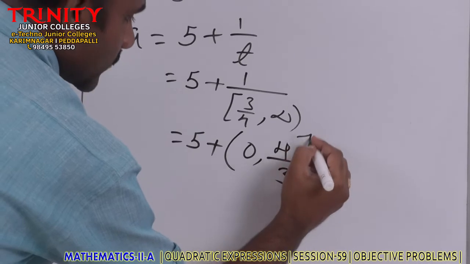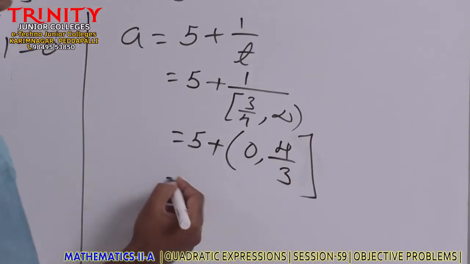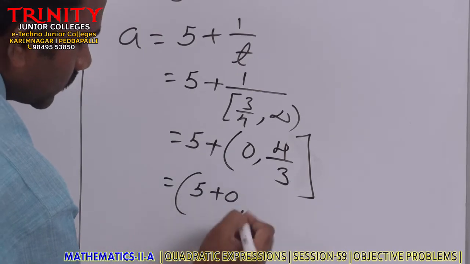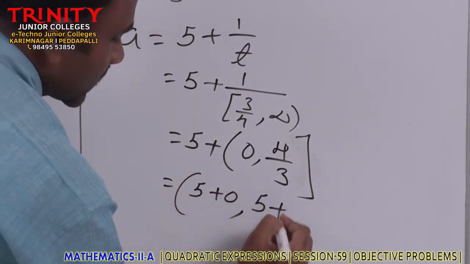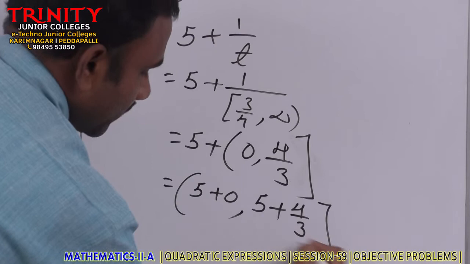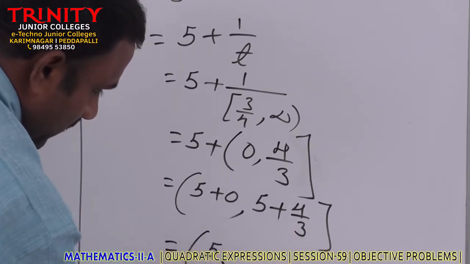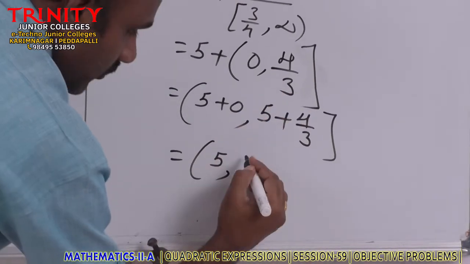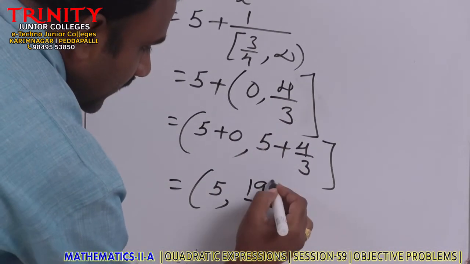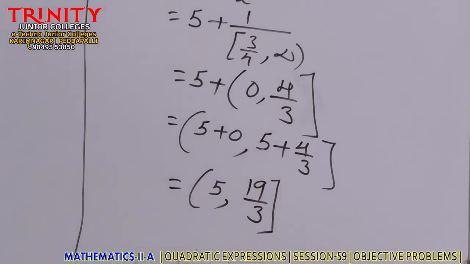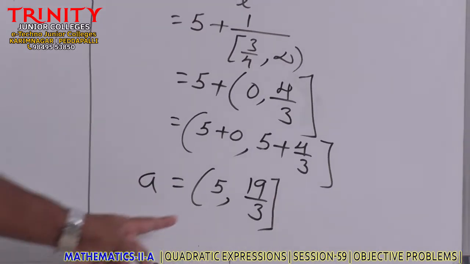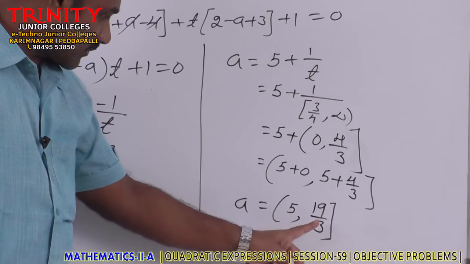It is closed. Now add 5 plus 0, comma, 5 plus 4 by 3. 5 plus 0 is 5. 5 plus 4 by 3, 5 threes are 15, 15 plus 4, 19 by 3. These are the set of values of a. The set of values of a are open 5, comma, closed 19 by 3.